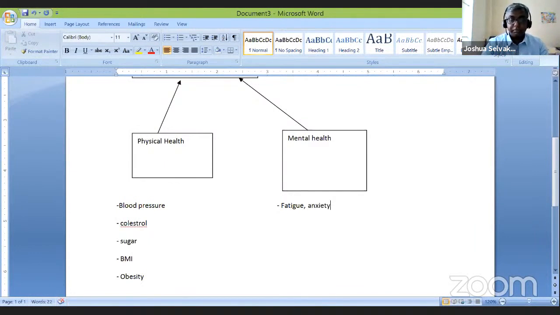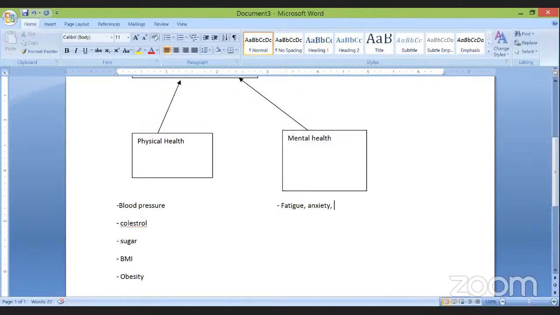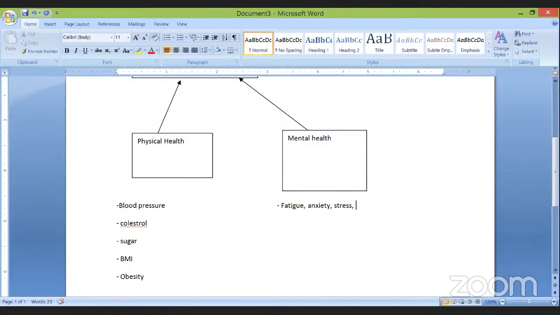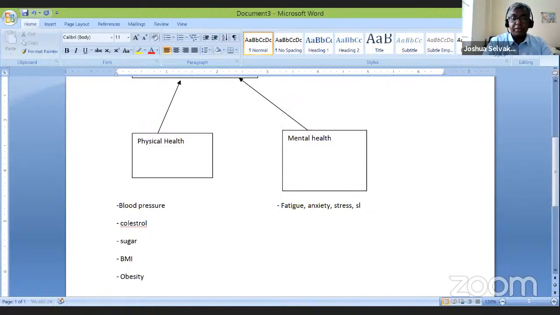Stress. Sleeplessness, or insomnia, that's the right word. So all this gives me a picture of the construct, or variable, mental health.